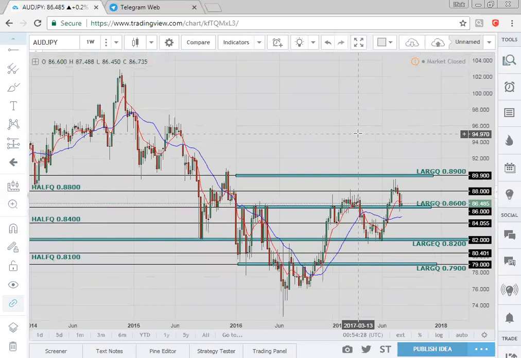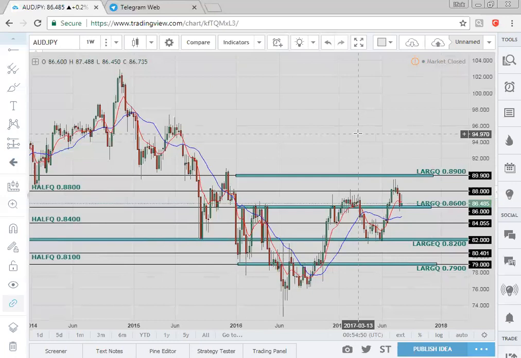Never ever counter the trend. What did I say? Never ever counter the trend. What do I mean by don't ever counter the trend? If my price is in a downtrend, don't buy. For beginners, don't buy, just keep on selling. Look for opportunities to sell.